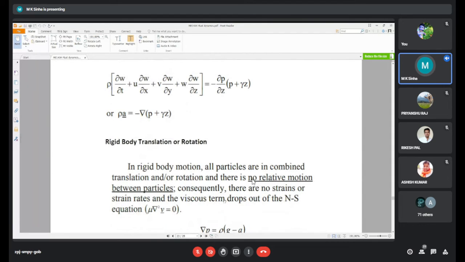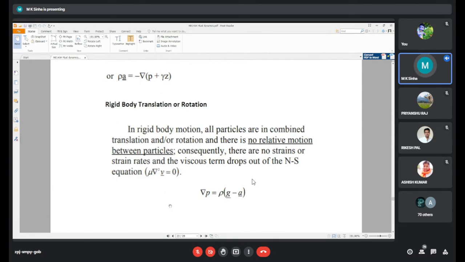In rigid body motion all particles move together, either in translation or rotation, with no relative motion between the fluid particles. So there are no strains and no deformation.